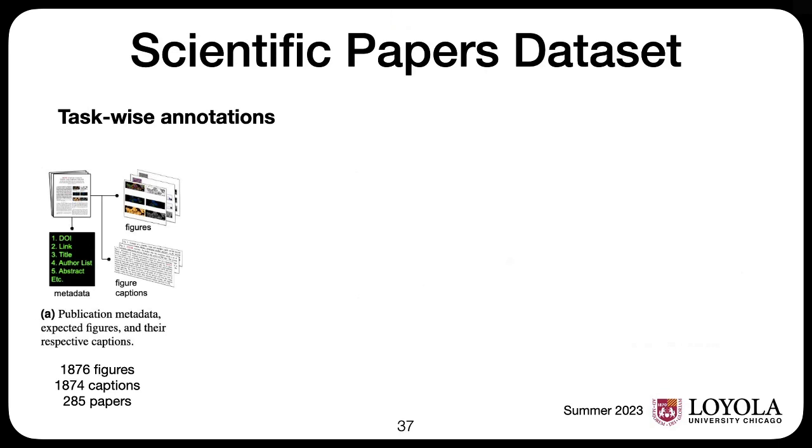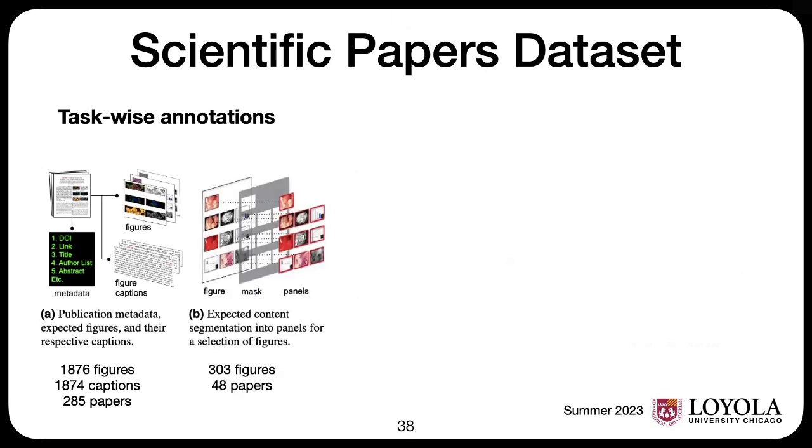We made an annotation for these, expecting that other researchers will try the same task and compare to our results. For the task of panel segmentation, we also took some images, 3 figures, and we annotated the expected segmentation, so we generated masks of how the panel should be segmented, and also we classified these panels.